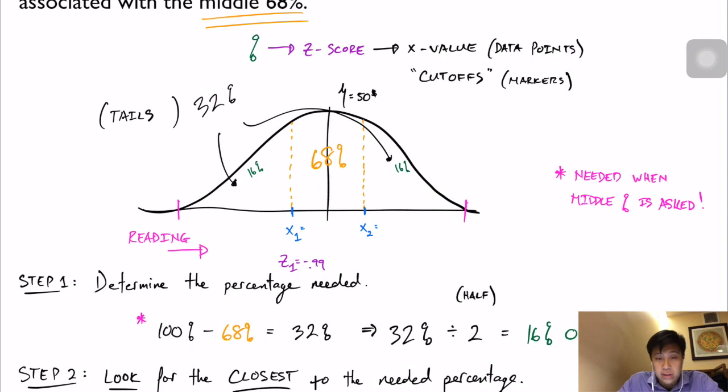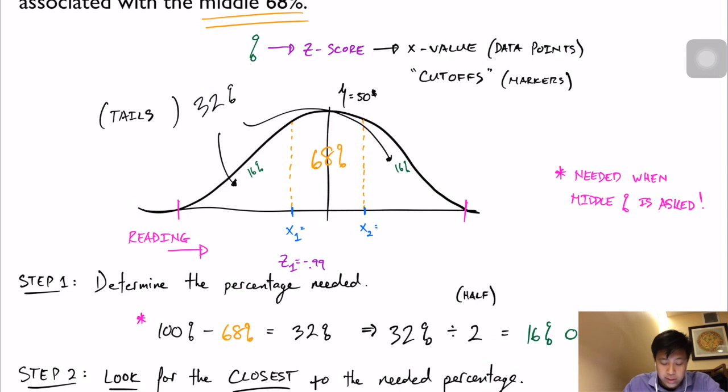One, the fact that the Z-score has to be negative because it's on the left side of the population mean. Remember, the population mean in a normal distribution is always 0 in terms of Z-scores. Here, in this case, since we know that the left marker, x sub 1, is on the left side, our Z-score also better be negative.